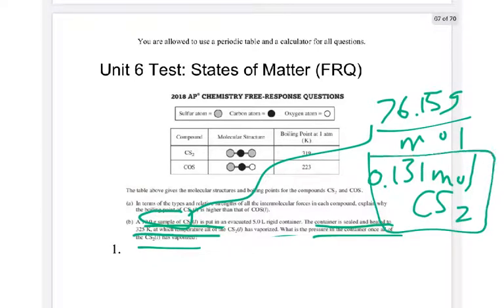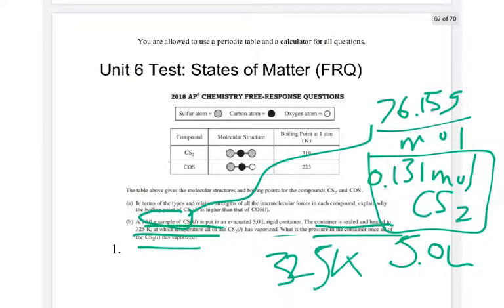So it says that they put this in a 5.0 liter container, and they then heated it to 325 Kelvin, where all of the CS2 turned into gas. So there are 0.131 moles of gas.